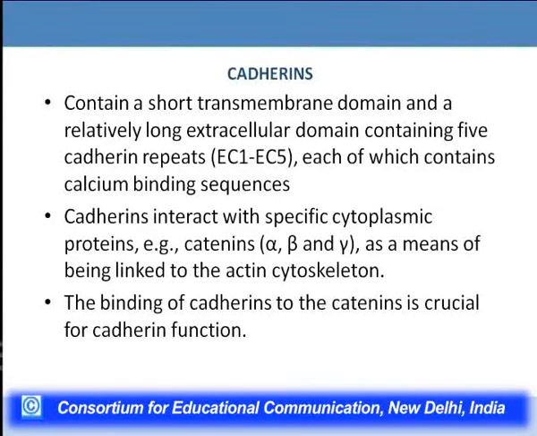The structural arrangement of the cadherin molecule is such that about five domains project out from the plasma membrane into the extracellular matrix. So if there is an interaction between two cadherins from opposing cell types, then there will be overlapping between the domains which are projecting outside. The interaction could be between only one domain, it could be between two domains, or three domains, or five domains.